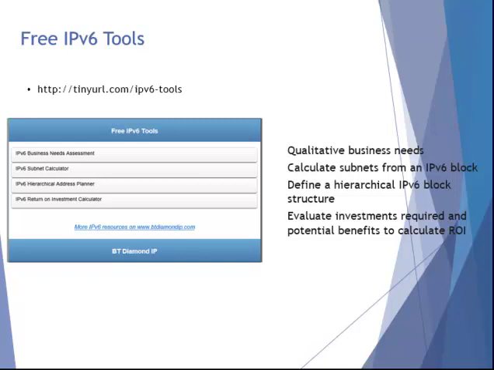To help along the way, we do have a number of free tools that you can access through tinyurl.com/IPv6-tools. We have a needs assessment, which is just a high-level qualitative business needs assessment. We have a simple IPv6 calculator to play around with IPv6 hex representation and how different networks are conveyed or illustrated.